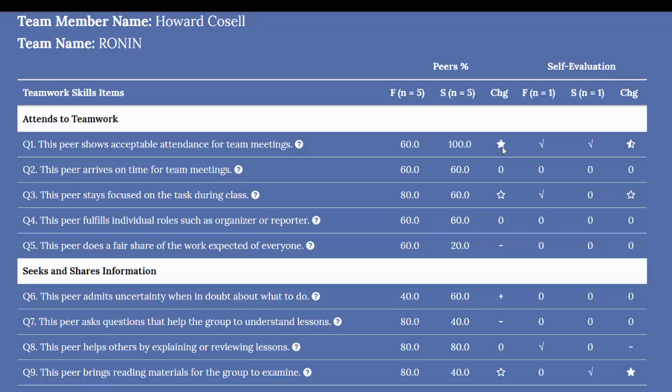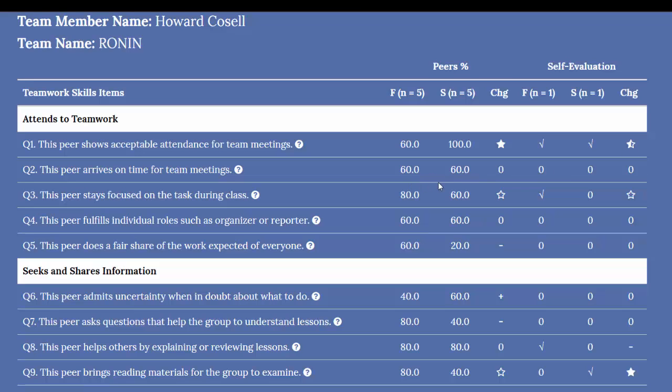That's why the star is solid and full, because of improvement. Now, from formative to summative, under his self-evaluation, it's only a half-filled star because it's saying that there is no change. And that is a particular item that was a goal. That's why it is designated by a star.